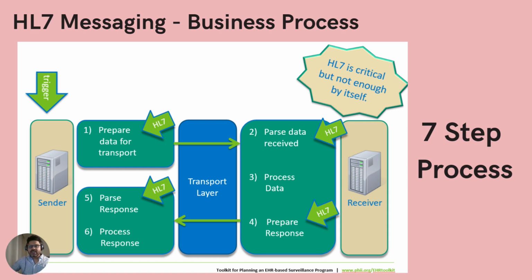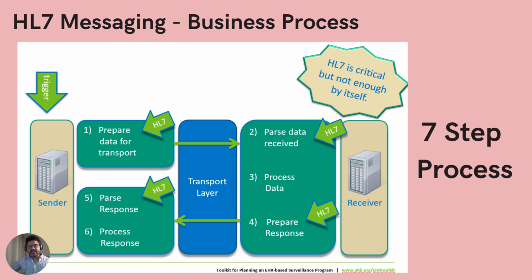It starts with step zero, where something in the real world causes the process to start. This is usually called a trigger event. Once a trigger event is established, step one is for the sending system to prepare the data for transport. This means they extract the needed data and package it for transport.